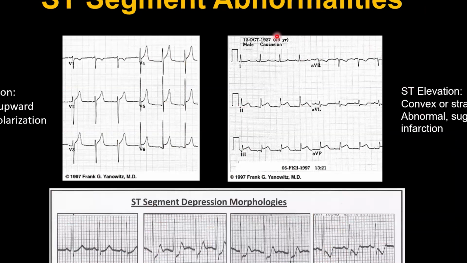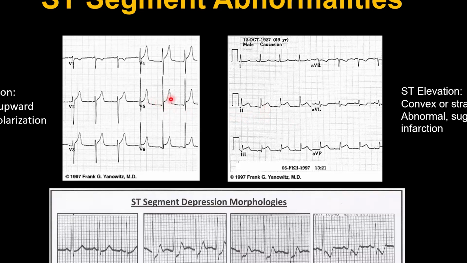Now this is just kind of an overview of ST segment abnormalities. The ST segment elevations can be either concave upward, like this, which is really normal early repolarization, or straight or convex, right?